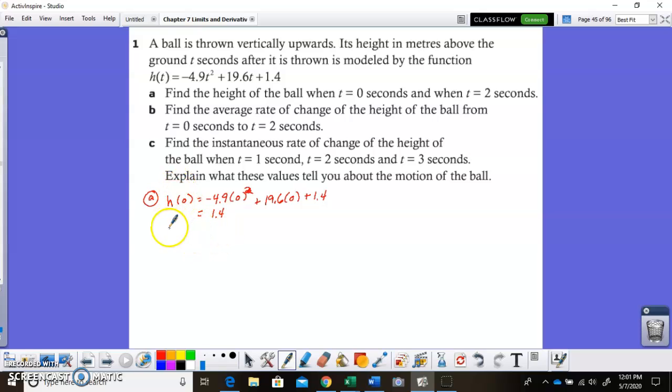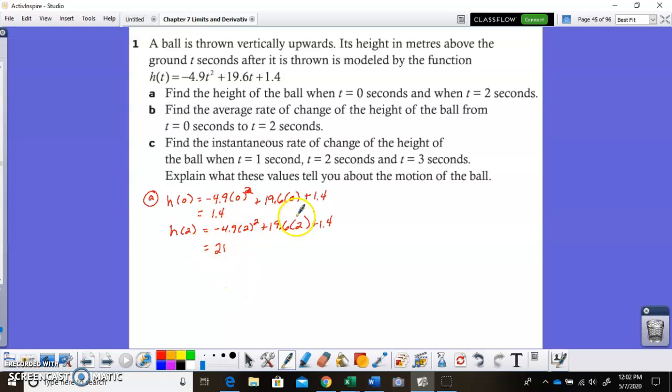So then, when I'm finding h of 2, I'm going to substitute that in as negative 4.9 times 2 squared plus 19.6 times 2 plus 1.4. And I think I messed something up in my example, so I'm going to recalculate that real quick. No, I'm getting 21. Okay, great.